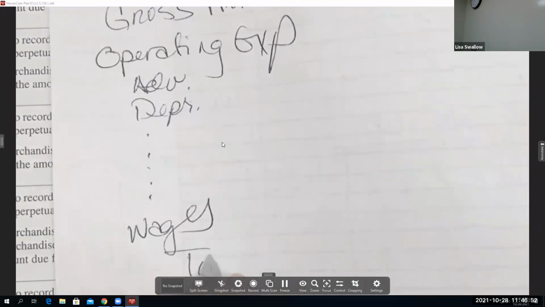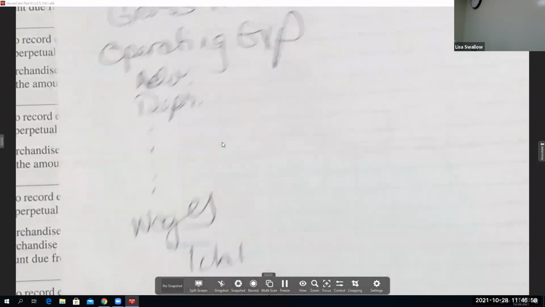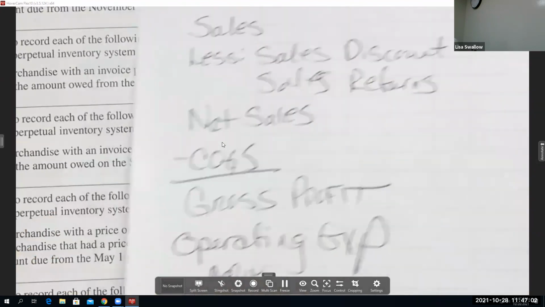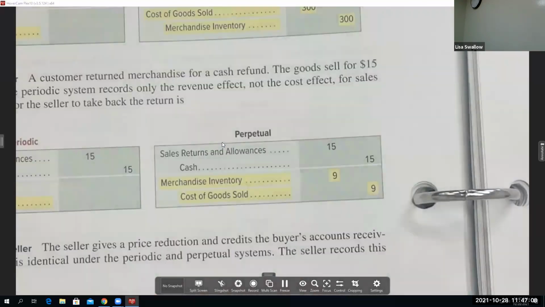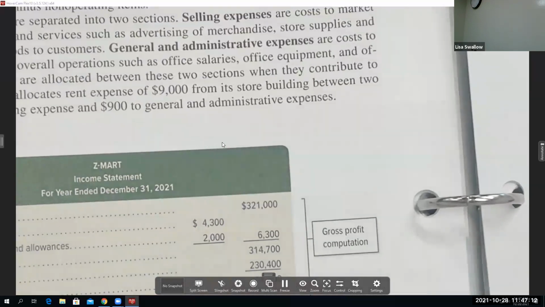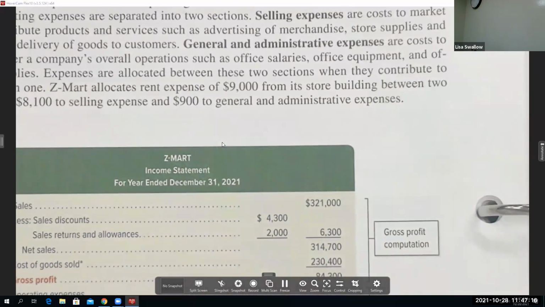Total operating expenses and net income. And the model that I just wrote up there is right here on page 178. That's what you absolutely 1000% need to know.